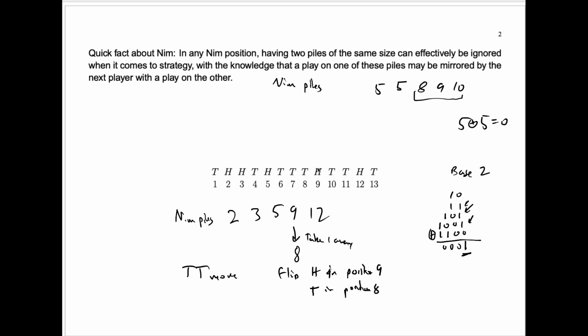When you flip the H to a T in position 9, that's like taking away the 9 pile, and flipping the T in position 8 is like putting back a pile of 8. So flipping the 9 and the 8 corresponds to taking 1 away from the 9.